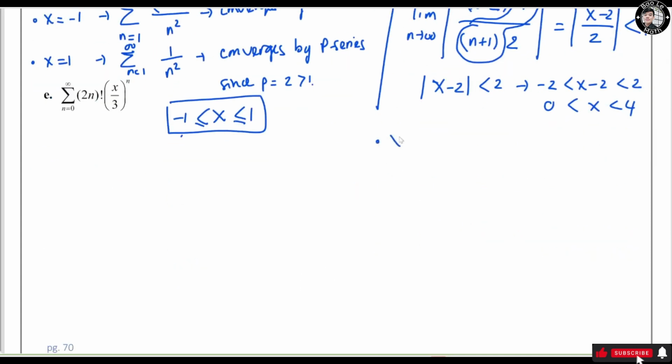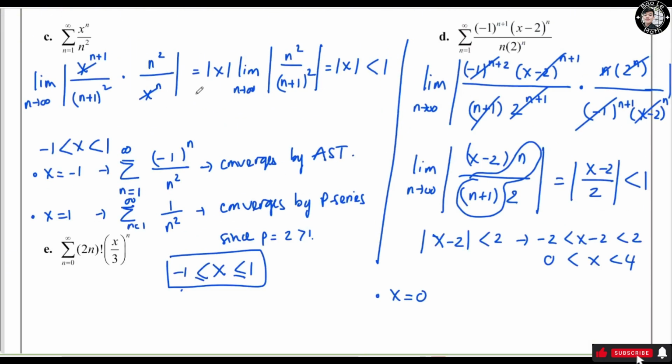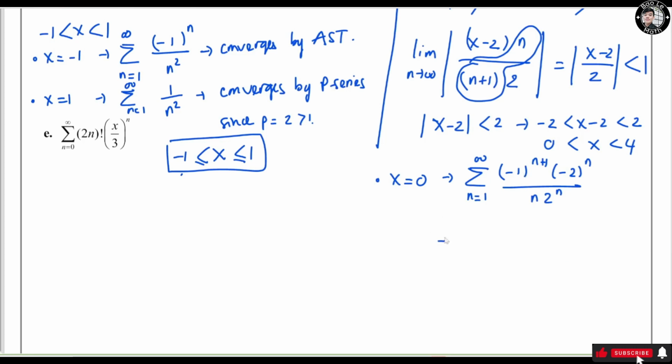So s equals 0. The series becomes, now we're going to simplify this one, the series (-1)^n times (-1)^1, so it could be (-1)^n times (-2)^n times -1, over n times 2^n.